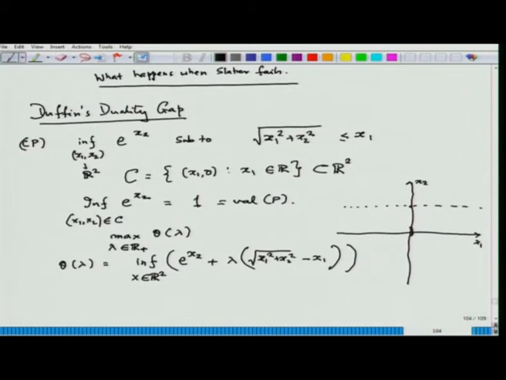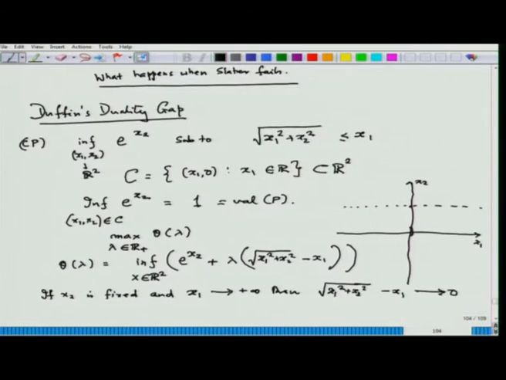As x1 becomes larger and larger, and I send it to plus infinity, the difference between these two keeps on shrinking. Since x2 is fixed, the larger number will dominate in the limit, and this is going to 0.